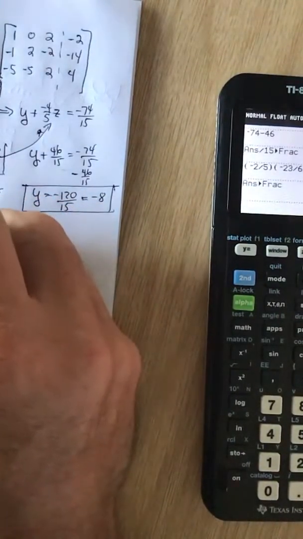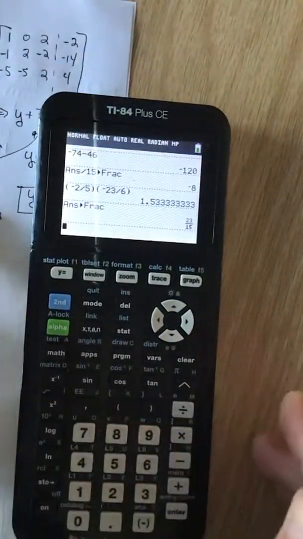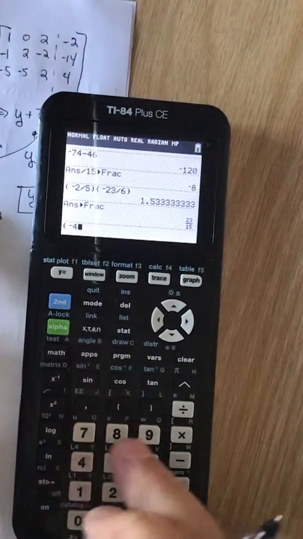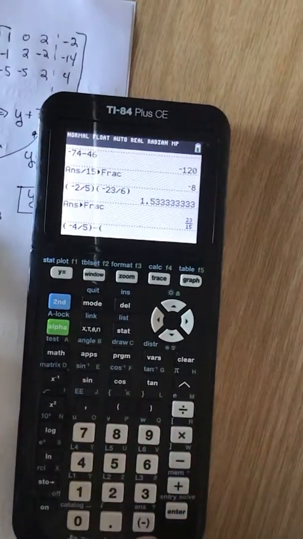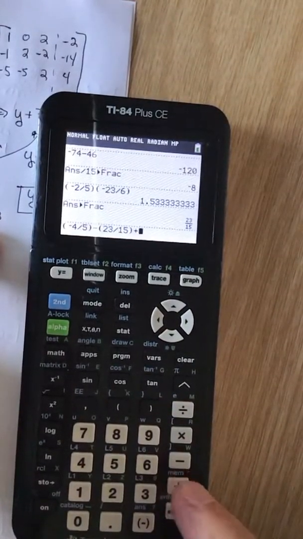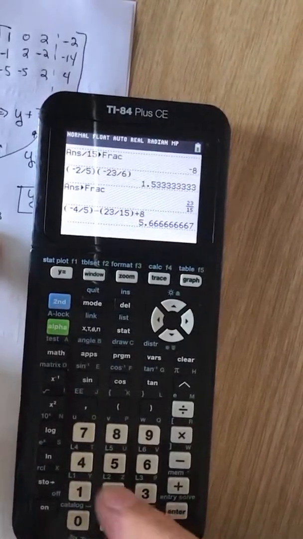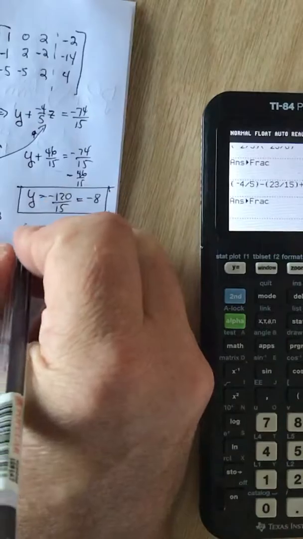So I'm going to subtract 23 fifteenths and add 8. So I have -4 fifths, I'm going to subtract 23/15 and add 8. Math fraction, 17/3.